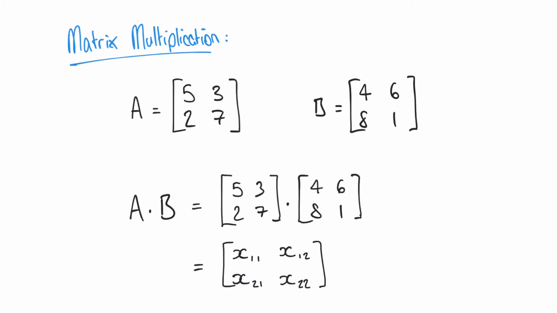For now, I'm going to put this dummy answer below our multiplication here. The elements in this matrix are just placeholders for now, but you'll see that we've called them x11 because they're in the first row and the first column, x12 because it's in the first row and the second column, x21 because it's in the second row and the first column, and finally x22 is in the second row and the second column.